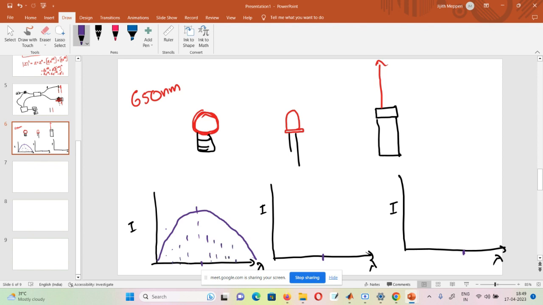You cannot differentiate them because the maximum intensity is coming from red, so you will see it as red, but it is not a pure red. It will contain a lot of nearby frequencies. But in the case of an LED, you will see that it is more narrow. In the case of a laser, it will have a very high intensity, but it will be very narrow.